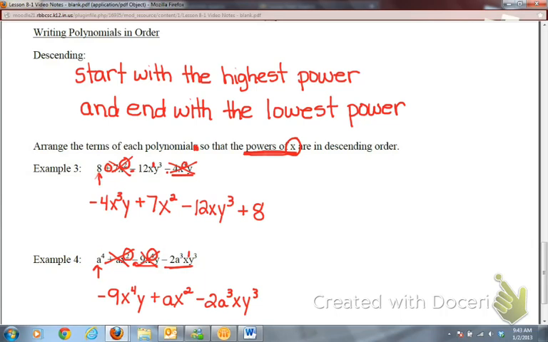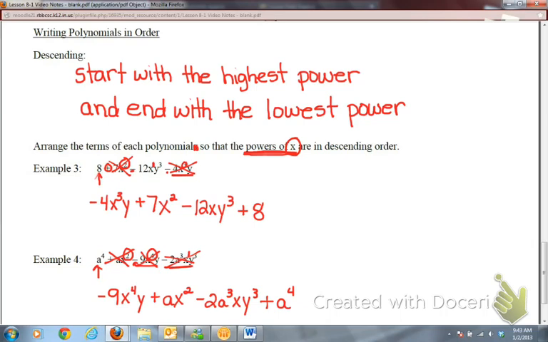You want to make sure you copy it down correctly. And then the last thing is anything that doesn't have an x, or just it's your lowest power of x, because there's none there. So it's an a to the fourth. Again, it's positive, so you just put plus a to the fourth. And that's it. You just rearranged it so that it's in the order that we want it in.